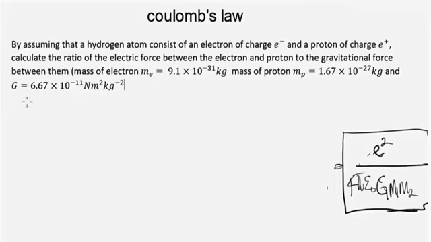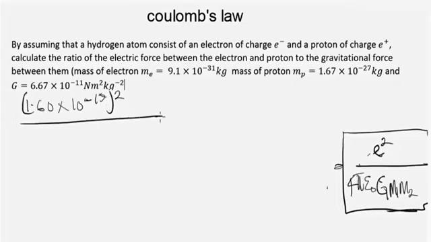From here our e is 1.60 times 10 to the power of minus 19, and this will be squared, over 4 pi epsilon naught. Remember that our epsilon naught is 8.85 times 10 to the power of minus 12.